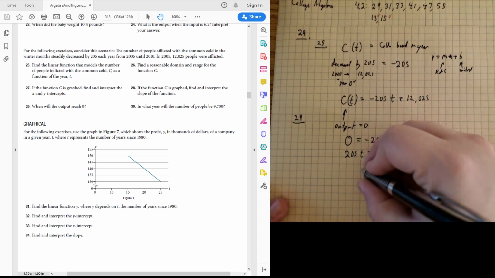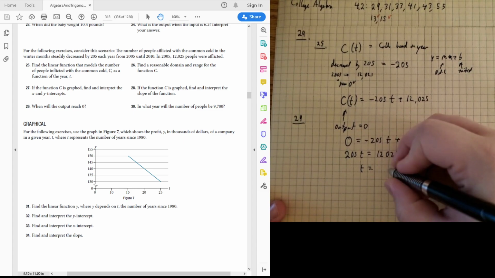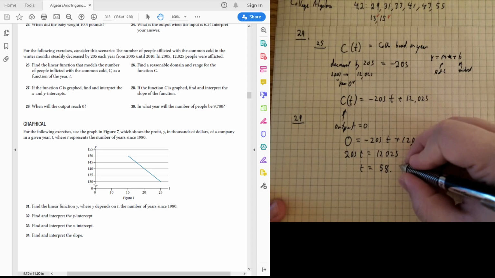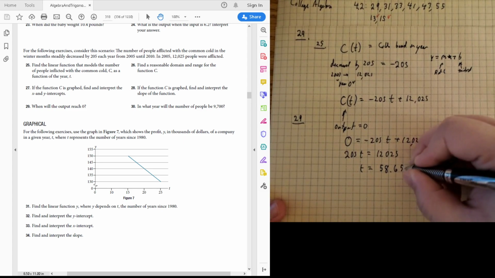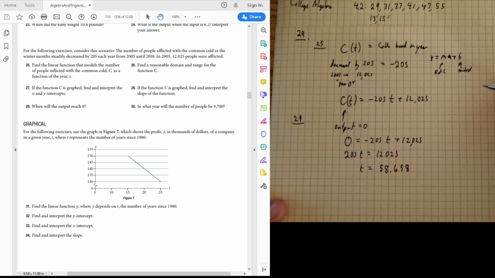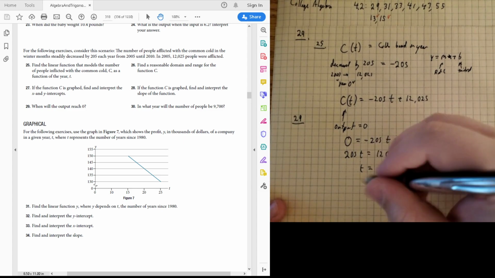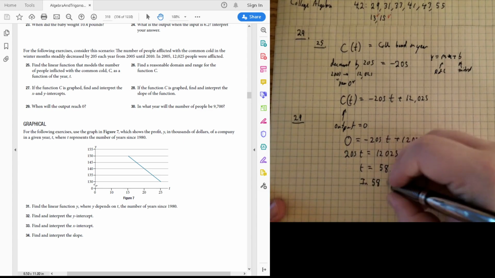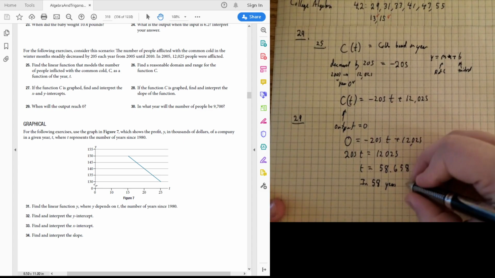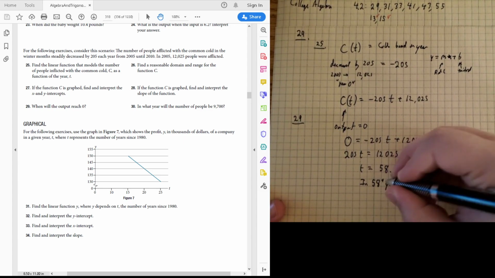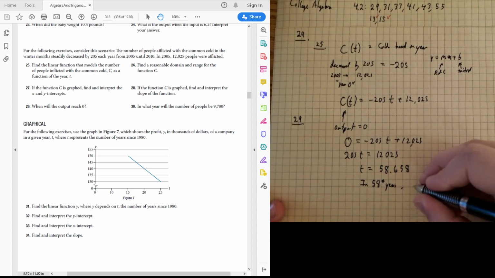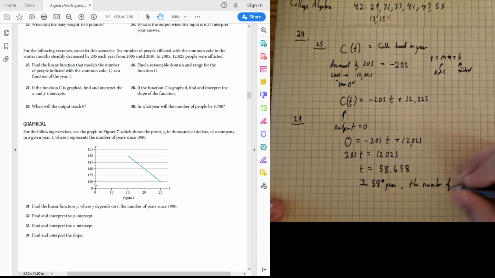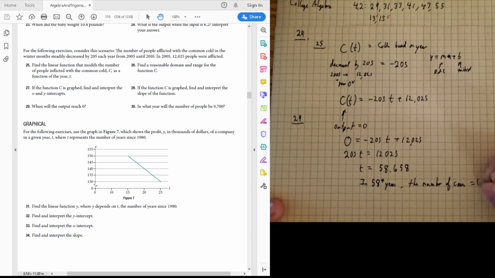We get an answer of t is equal to 58.658. And as it turns out, this interpretation tells me that in just a little over 58 years, the number of cases equals 0.